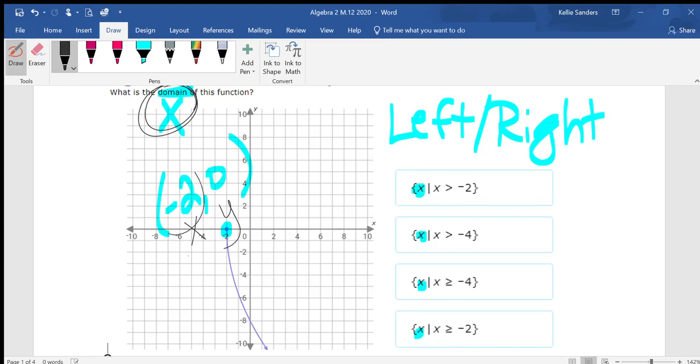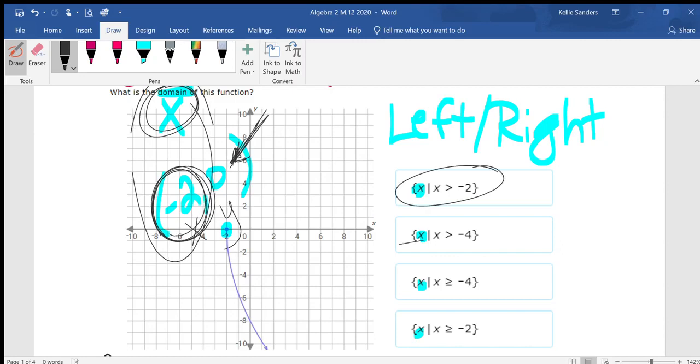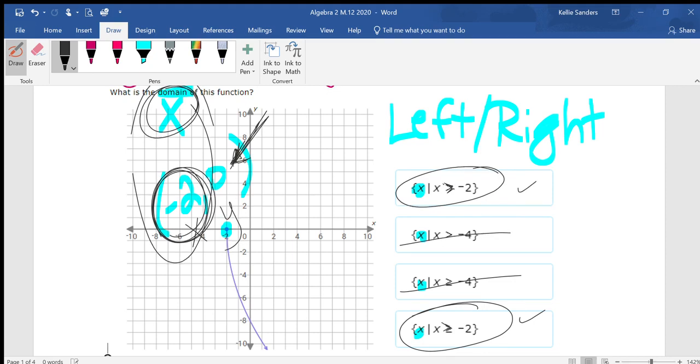If you're looking at domain, then your domain is going to start at that x. If it asked for range, then your range would start at that y. So we're doing -2. Here's a -2. That's not -2. That's not -2. And this is -2. Well, what's the difference between these two? The arrow's going in the same direction, which means greater than, which means it's going to the right.